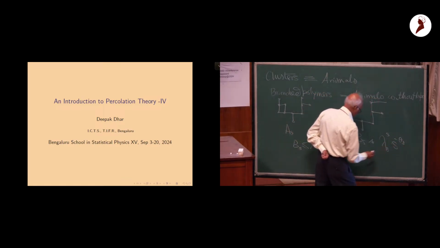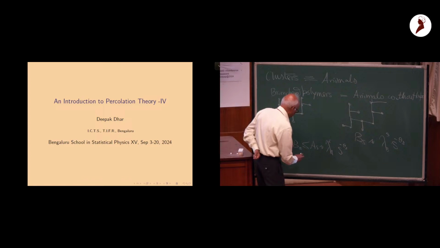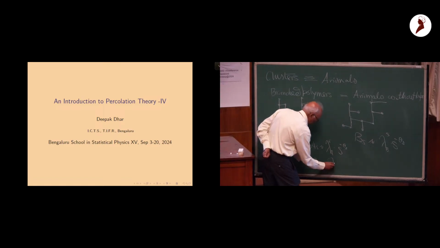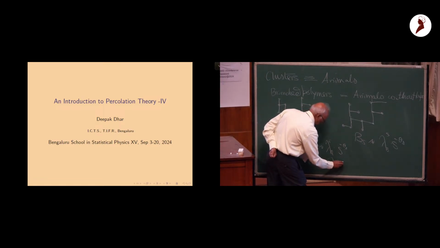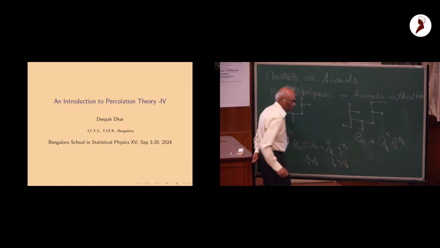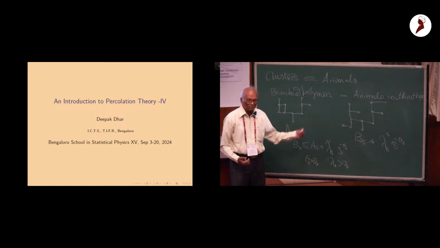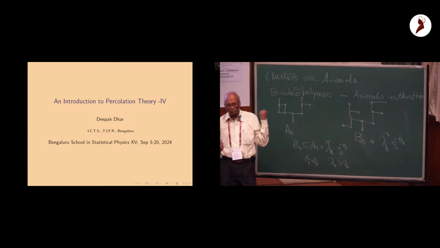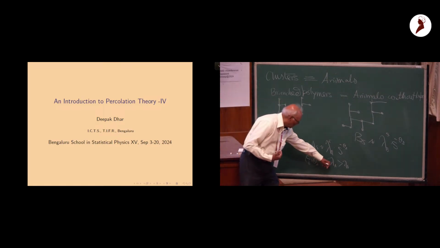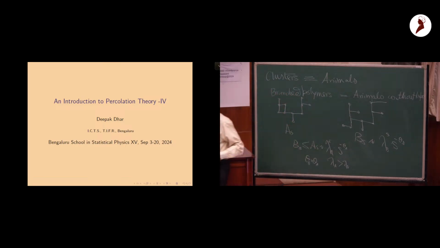For B and A, it turns out that theta B equals theta A, but lambda A is bigger than lambda B. So if you are interested in the critical exponents only, then these two problems are the same, but if you are interested in the actual numbers, then of course they are different. Okay.